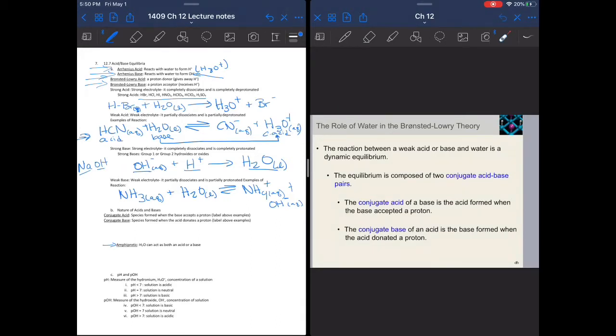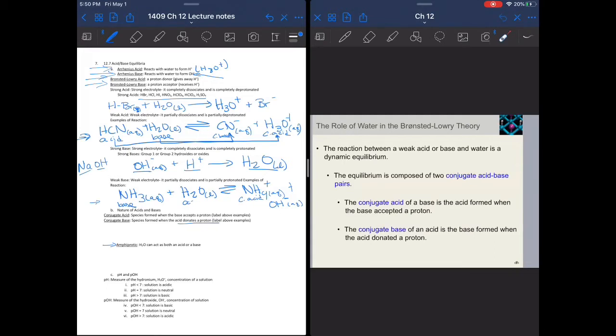HCN donates a proton, and so the CN- is the conjugate base, right? In the reverse reaction, it is accepting a proton, it's acting as a base. If we did the same thing here for our ammonia example, ammonia is our base, and NH4+ would be our conjugate acid.